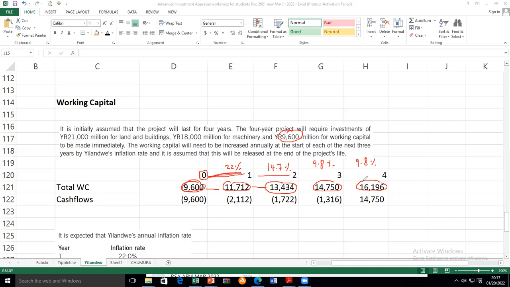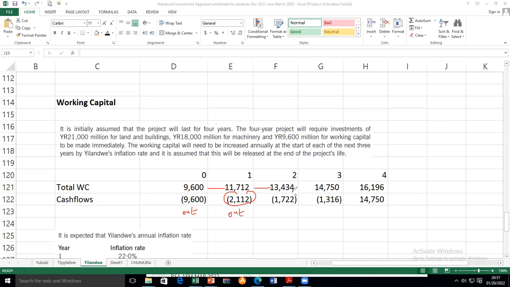However, when it comes now to our workings there, we're not going to put these figures, no. It's only the increase. The increase is all that we are going to capture. Meaning, at the beginning, we have an outflow. One year later, the difference between these two is what we consider an outflow.